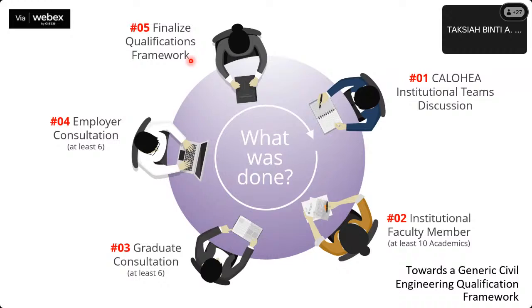What it means is that when we want to establish a common framework, we seek advice from several stakeholders: our team members, academics, alumni, and also the employers, which are the industrial players.